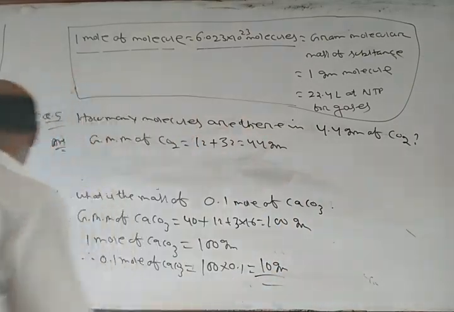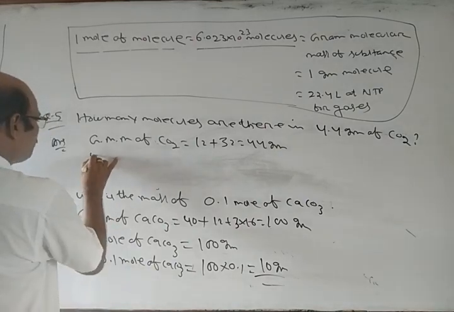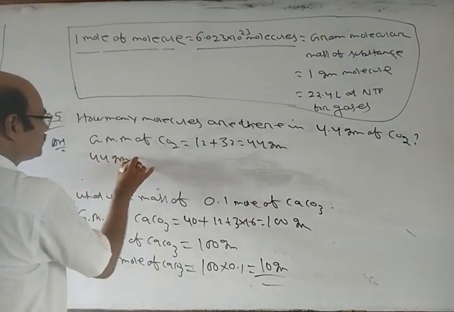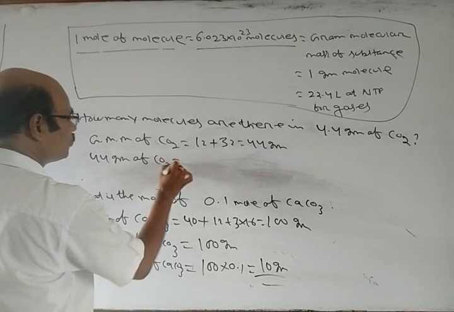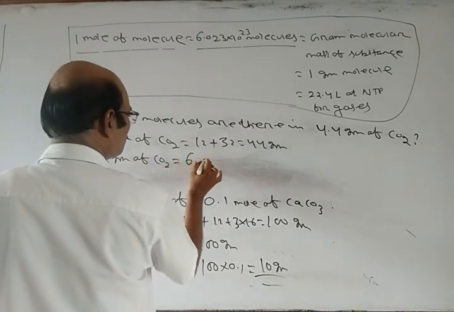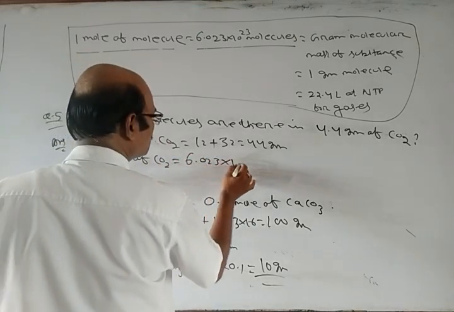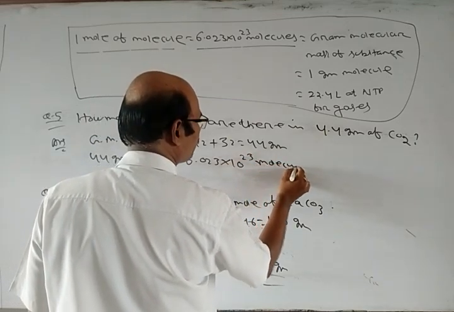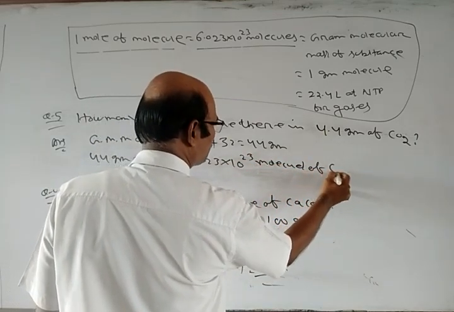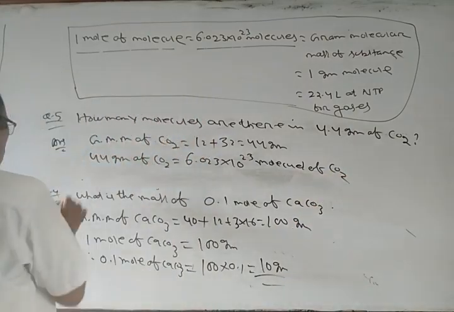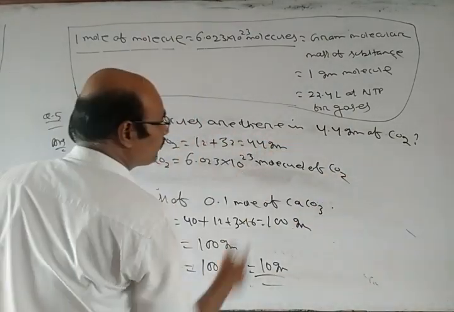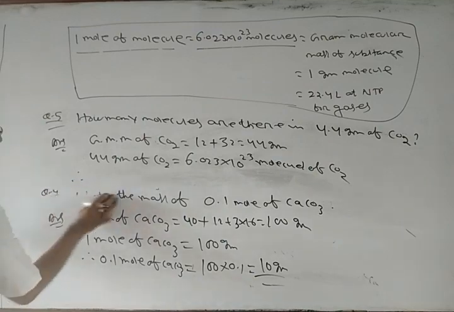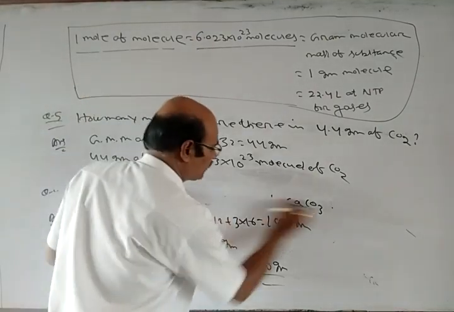So 44 gram of carbon dioxide is equal to 6.023 into 10 power 23 molecules of carbon dioxide.